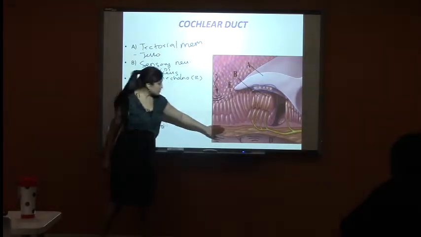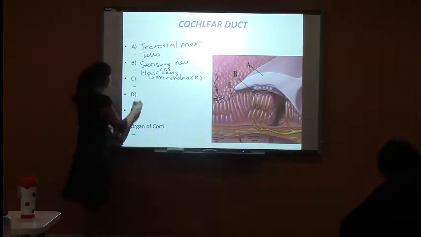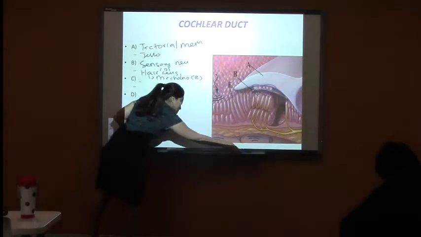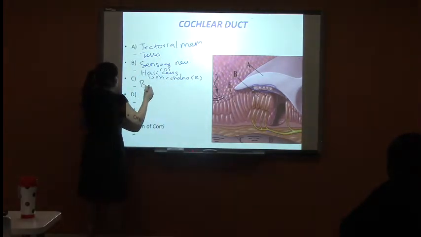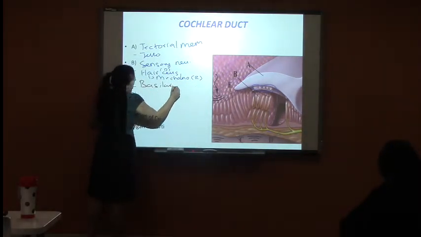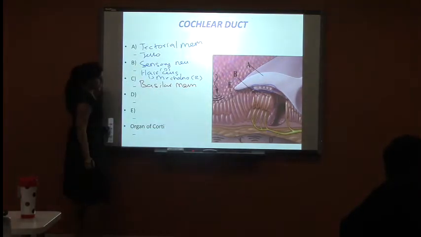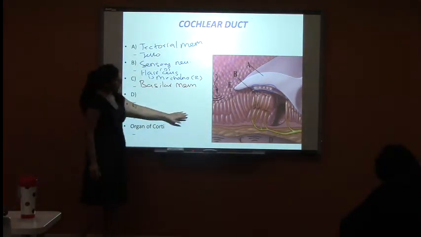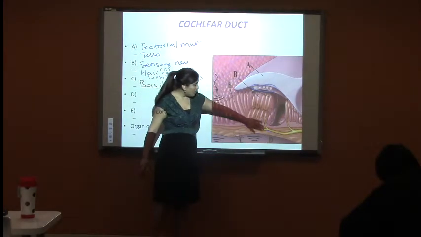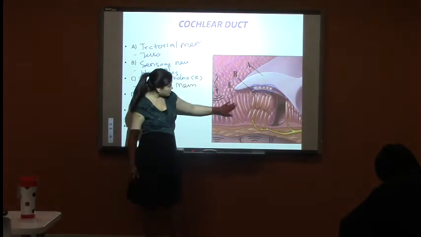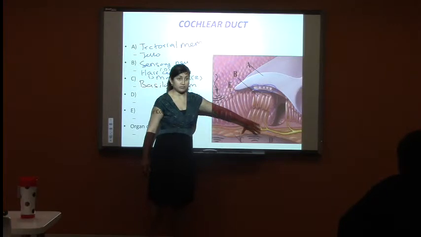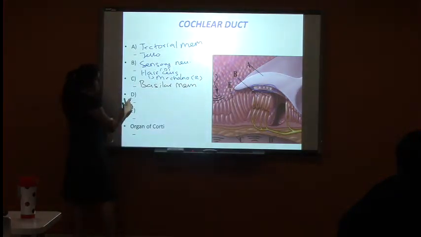C, which is this right here, is the basilar membrane. Okay? As you can see, all the neurons and these neuroglial cells are resting on the basilar membrane. Okay?